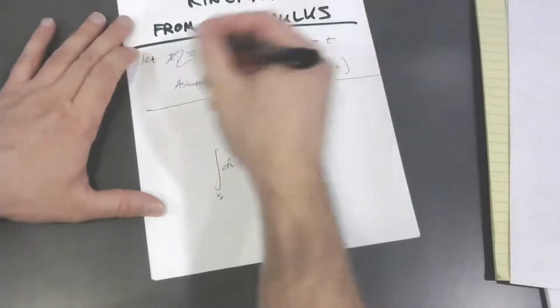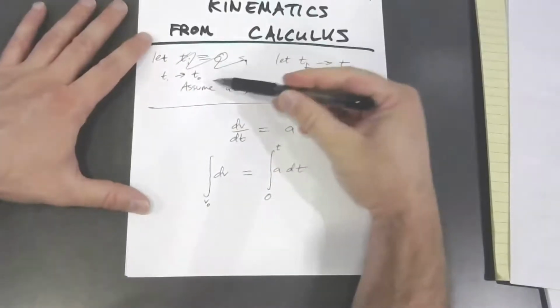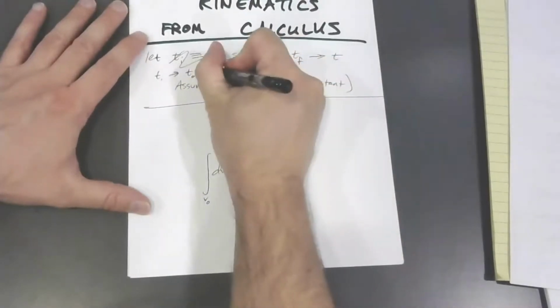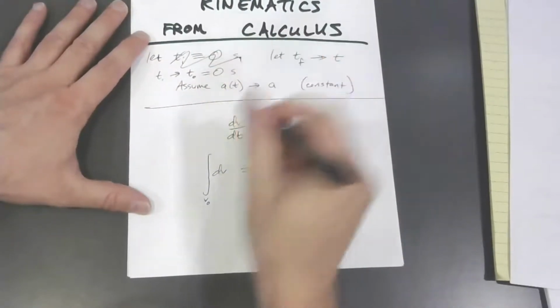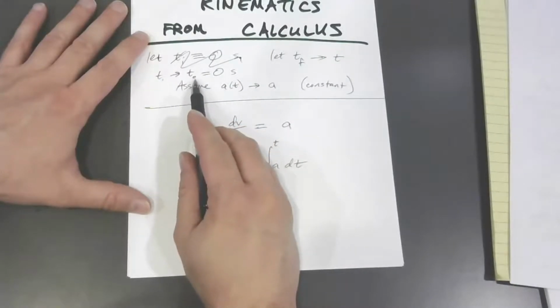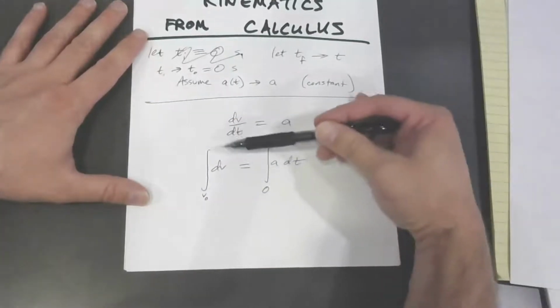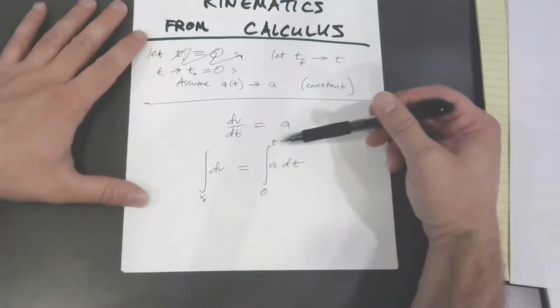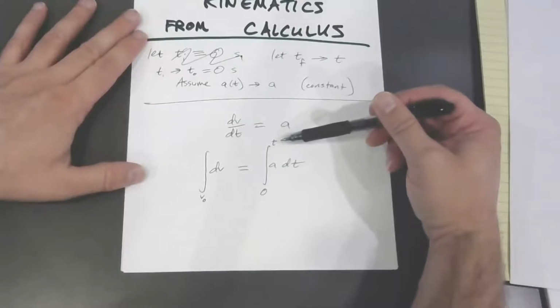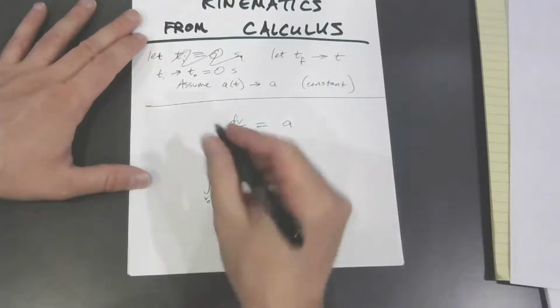You know, I probably should have even done this. Let t initial go to t naught, or t0, and call that 0 seconds. Because remember, t0 doesn't have to be 0 seconds. This is just a label. It's an index for your initial time. And since we're letting the letter t do double duty here, by the same token, we will let the letter v do double duty here.